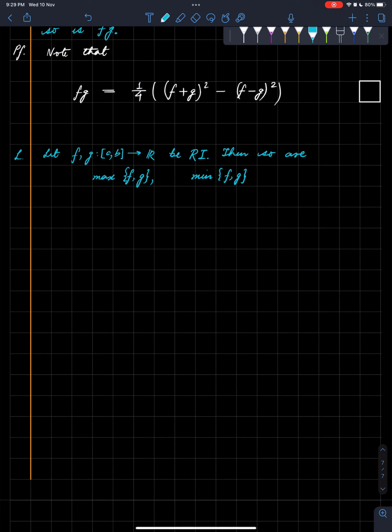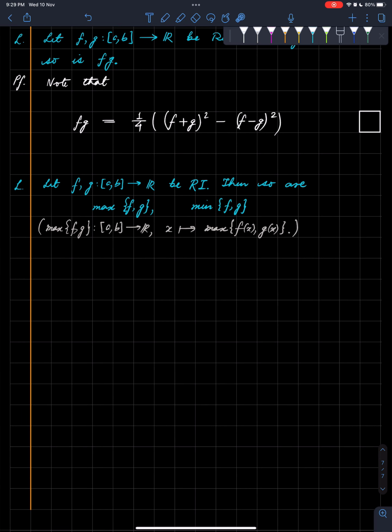So what do I mean by this notation? Max(f, g) is a function from the common domain which takes x to the max of the two values that we obtain. Similarly, you can define min. So I'll prove that this is Riemann integrable.